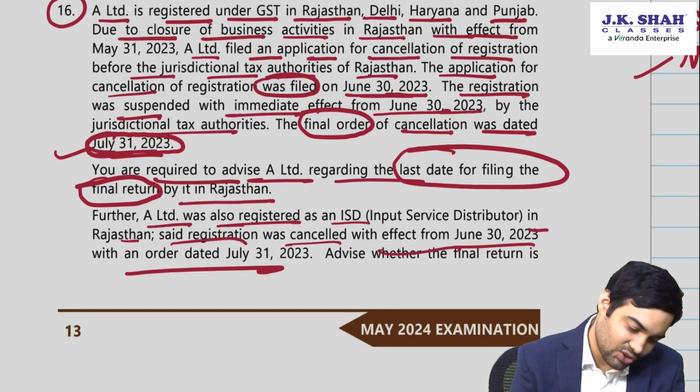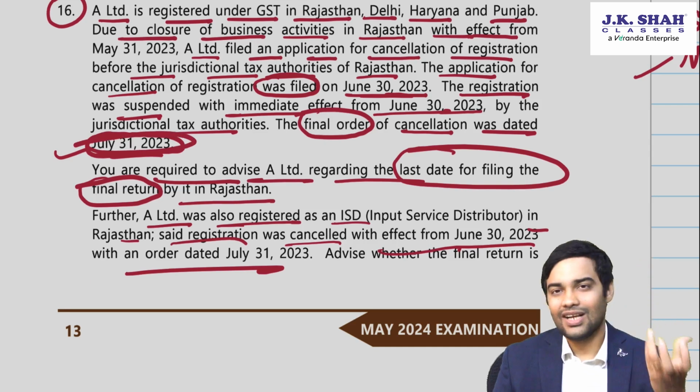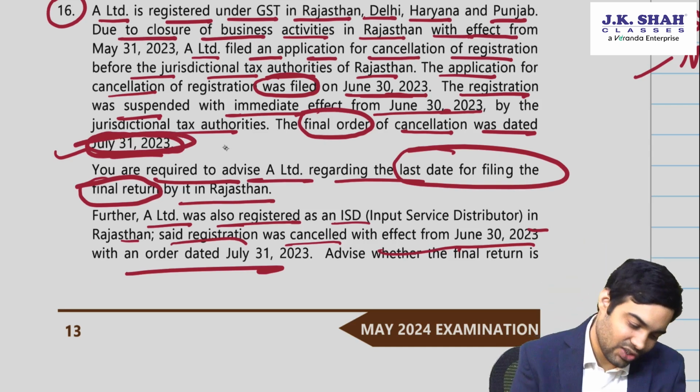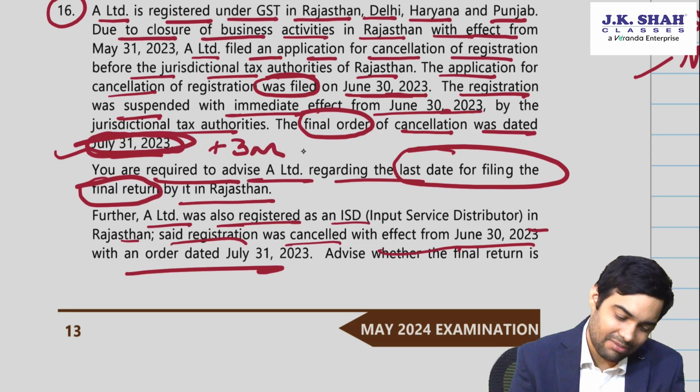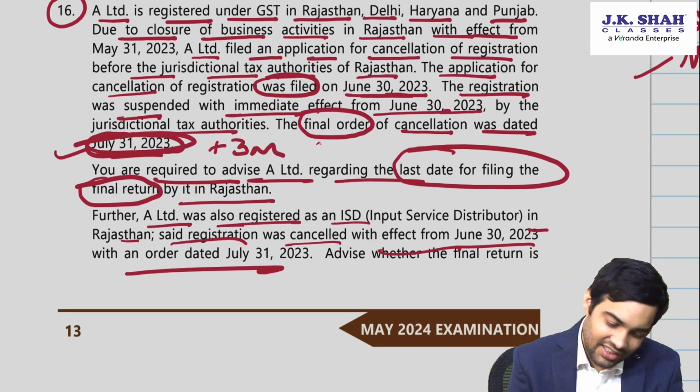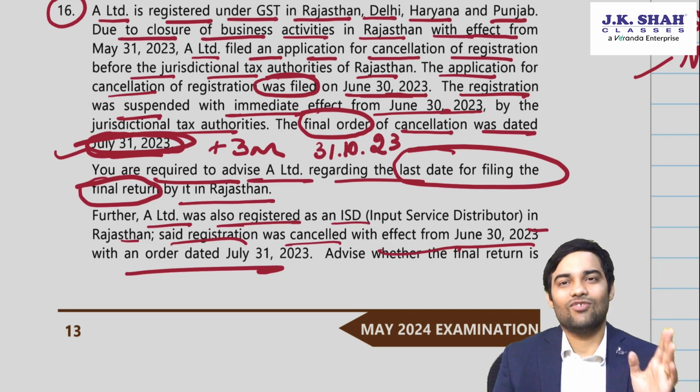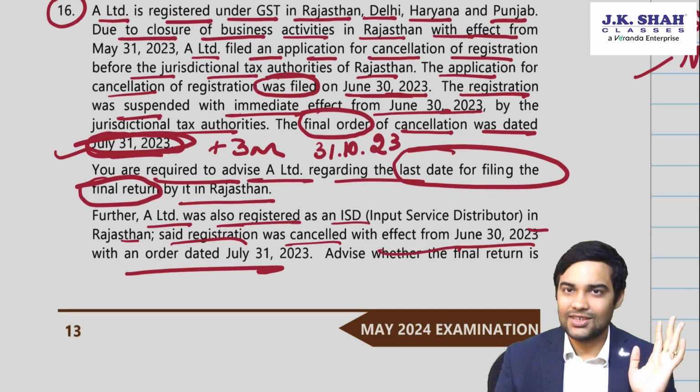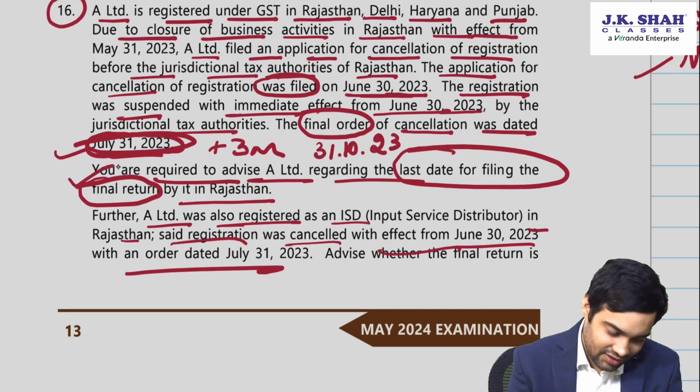So 31st July will be the later date. So 31st July plus 3 months time is what you get for filing the final return. August, September, October. So you have to file the final return by 31st October 2023. So that would be the answer for the first one.